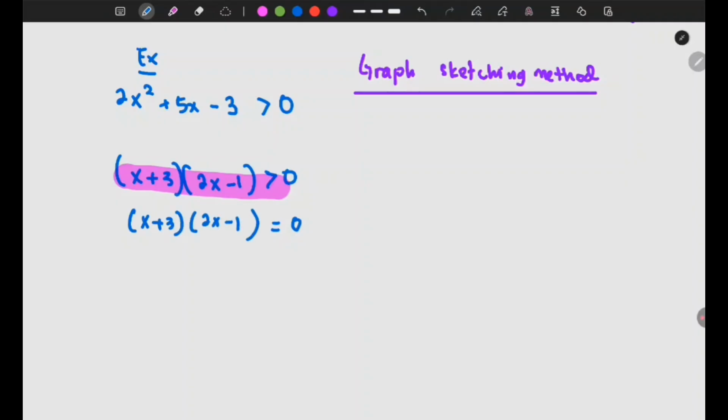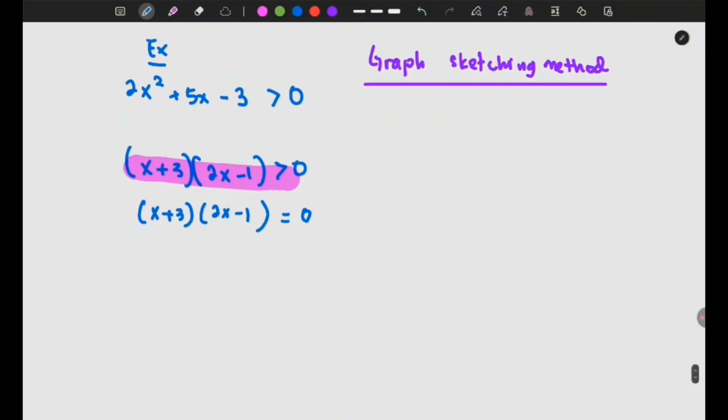You will make each bracket equal to 0, right? So do the same thing and find the value of x. So plus 3 brought to the other side will be minus 3. And 2x minus 1 equals 0, brought to the other side, will be x equals 1 over 2. So these will be the x values if it's equal to 0.